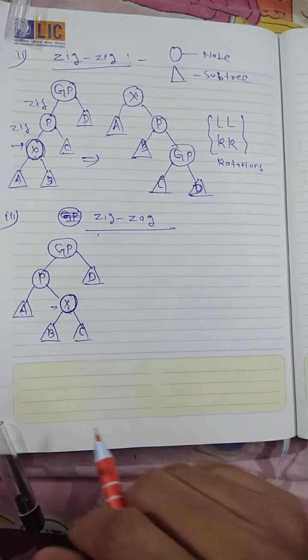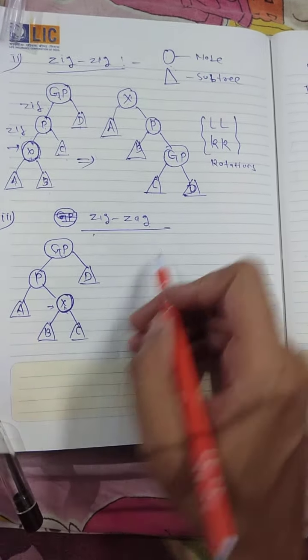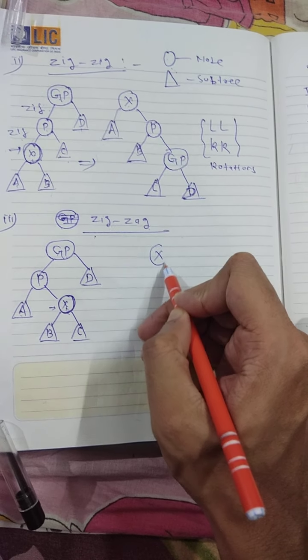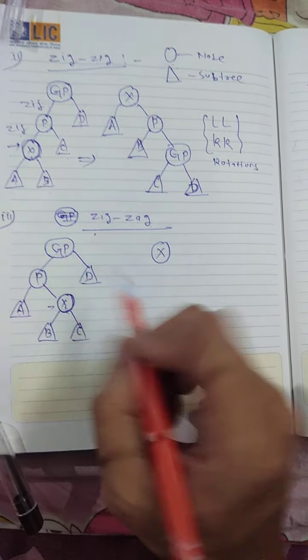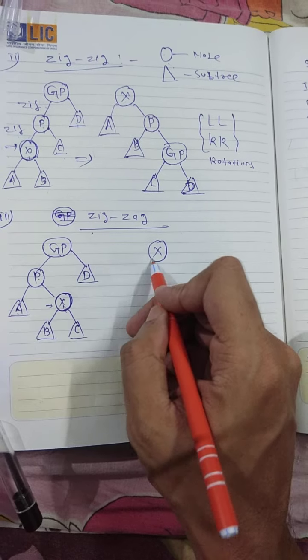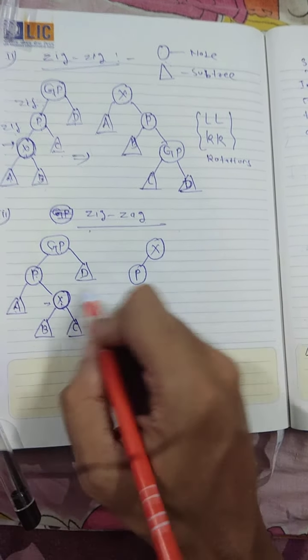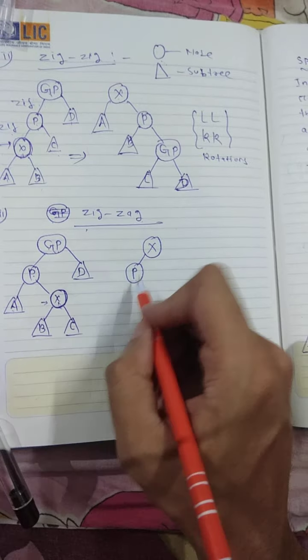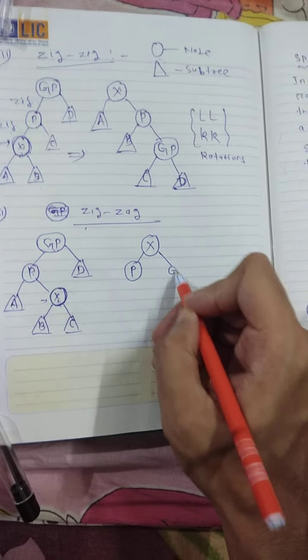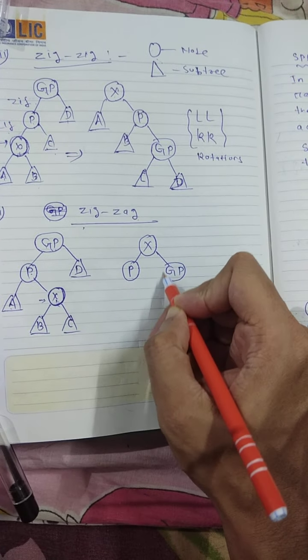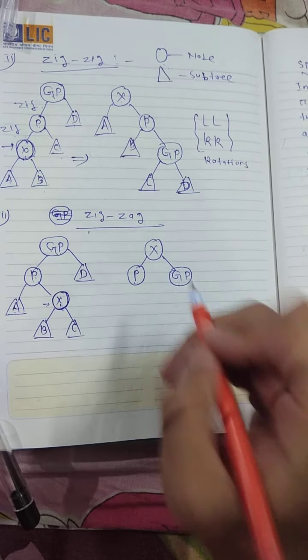How to splay this towards the root? According to the binary search tree, from parent and grandparent, which is less goes to the left side, and which is greater goes to the right side.